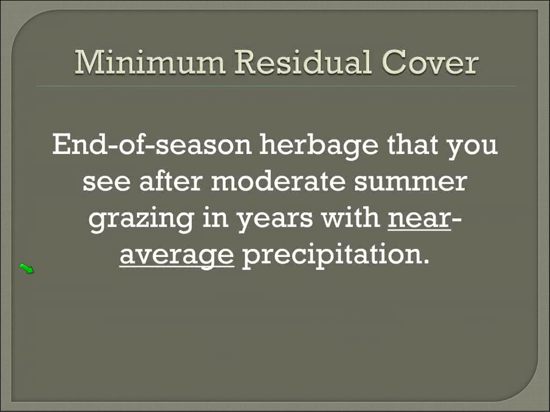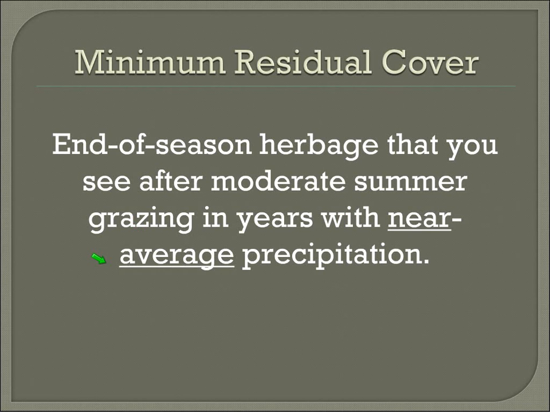Well, very quickly, when we think about minimum residual cover, that's an end-of-season herbage level that we see after moderate summer grazing in years with near average precipitation. I want to emphasize that again: after moderate summer grazing in years with near average precipitation.